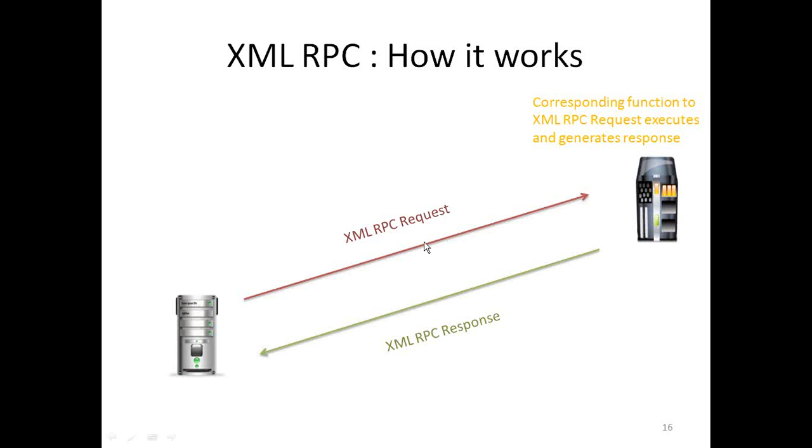This is our client. And it sends say XML RPC request to server. So after that what happens? Corresponding function to XML RPC request executes and generates response. So server checks which method is being called, it executes it and generates response accordingly and sends back response to the client.